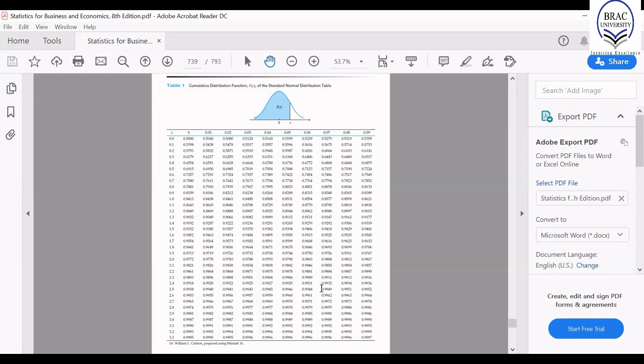From 0 to 0.5, this table starts from 0.5. What happened to all the probabilities before it? What happened to 0? From 0 to 0.5, what happened to all those probabilities? They refer to the lower tail. Understood? From 0.5 to close to 1, all the probabilities are over here. This represents the probabilities of the upper tail.